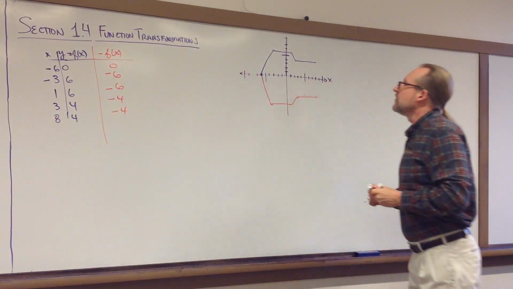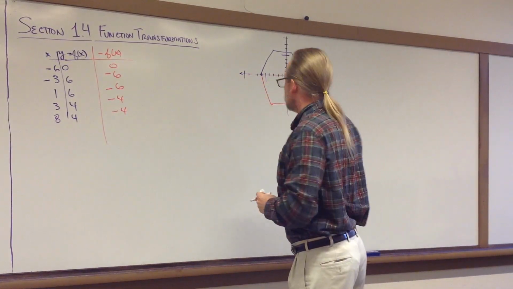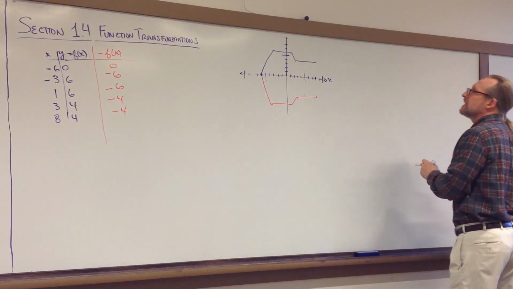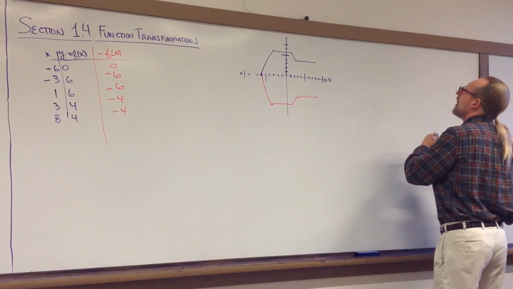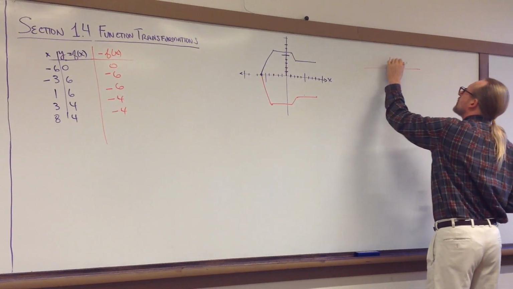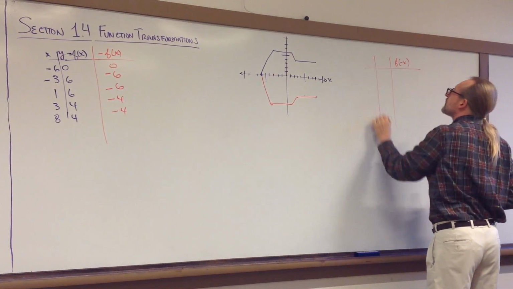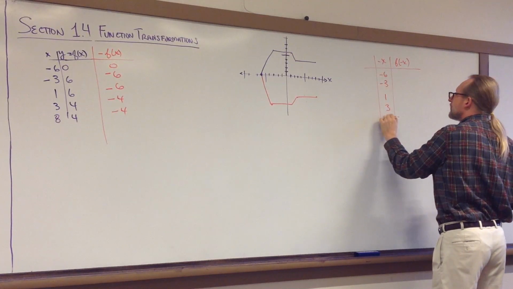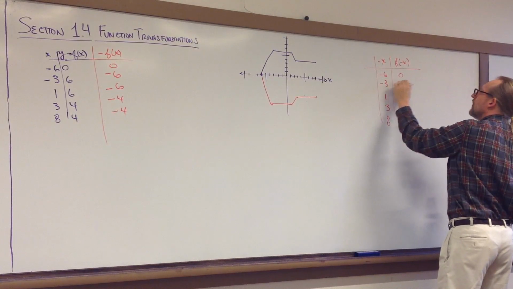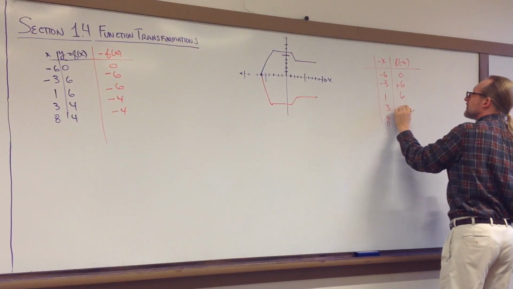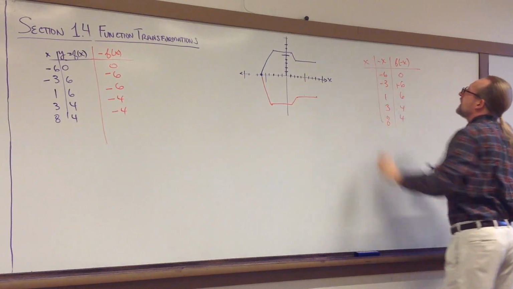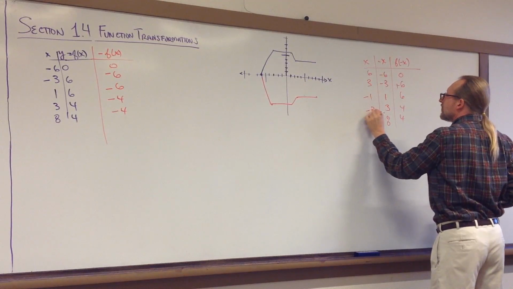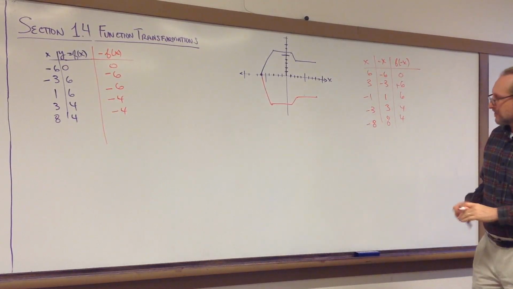Okay? If you negate it inside the parentheses, just like we did with the horizontal shifts, we're going to have to set this up a little bit differently. F of negative x, negative 6, negative 3, 1, 3, 8, 0, there we go, 6, 6, 4, 4. But if these are negative x's, that means our positive x's must have started out like this, okay?